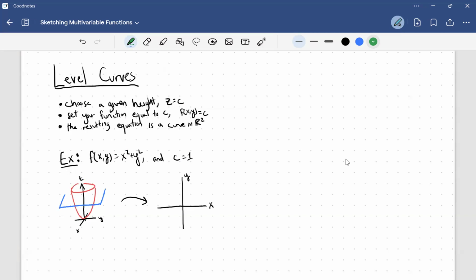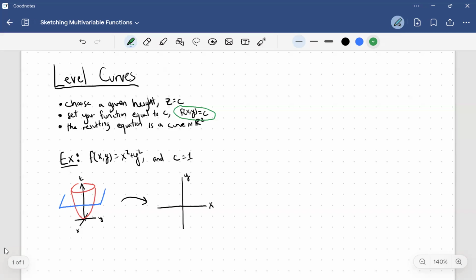This would give us a new equation, f of x comma y is equal to c, and that is an equation involving x's and y's. The points that satisfy that equation form a curve in two-dimensional space.